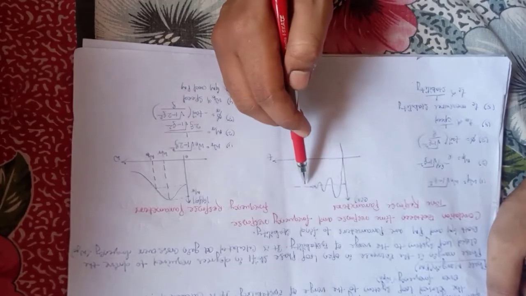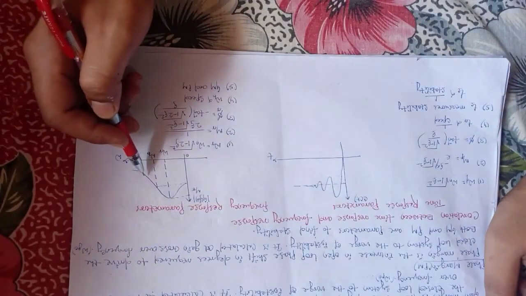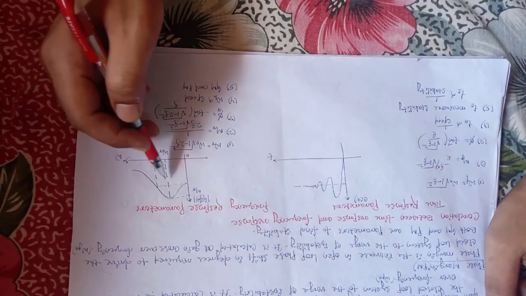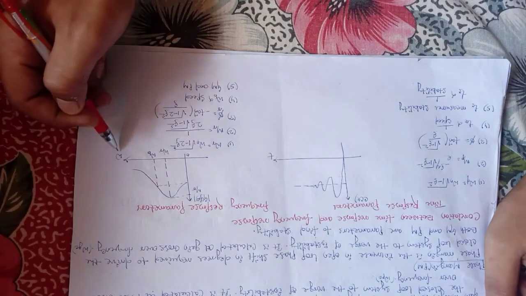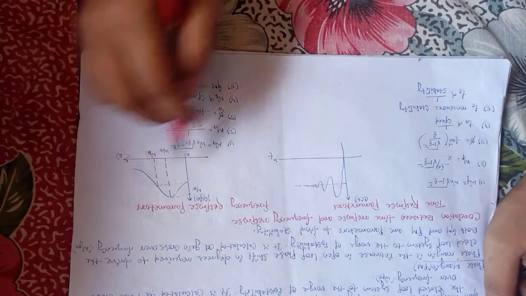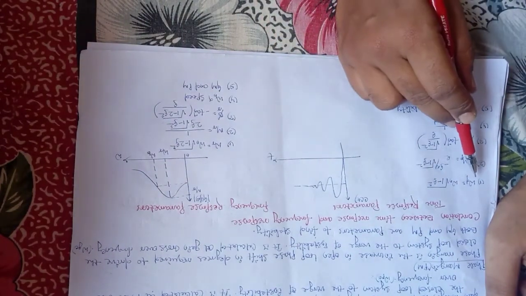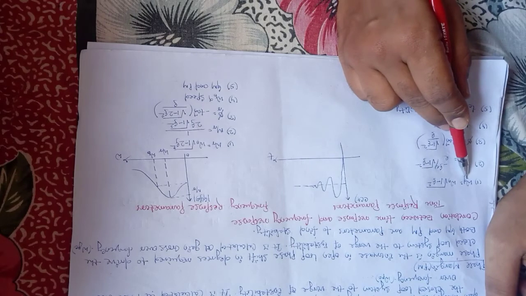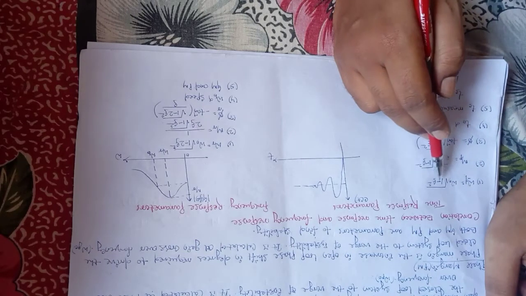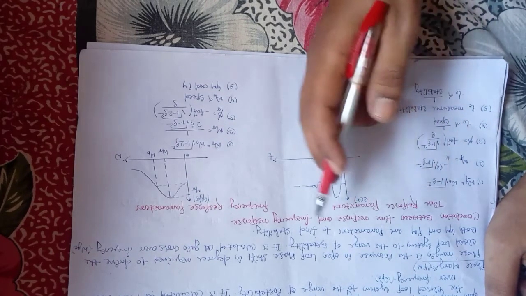Right now we look at the variation of magnitude with frequency for a constant value of zeta. So what are the different parameters? Here we have a parameter called omega d, the damped frequency. Omega d is omega n into root of 1 minus zeta square. The damped frequency can be correlated in the frequency domain as omega r.